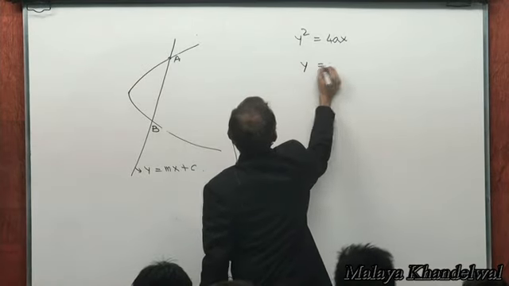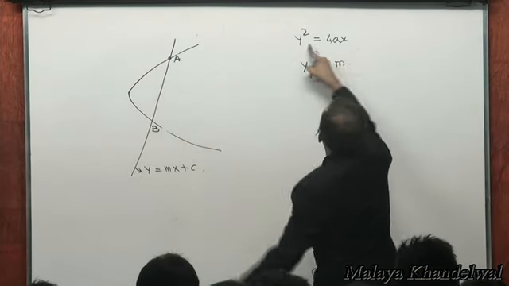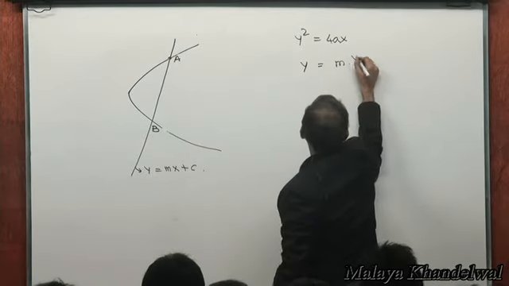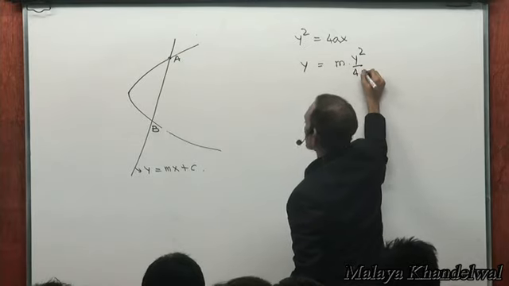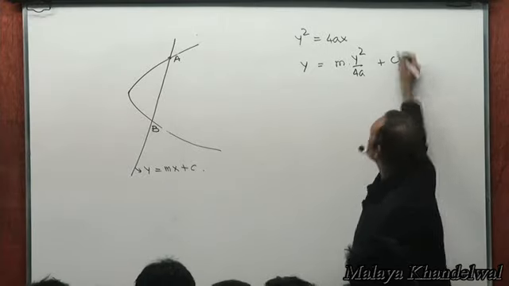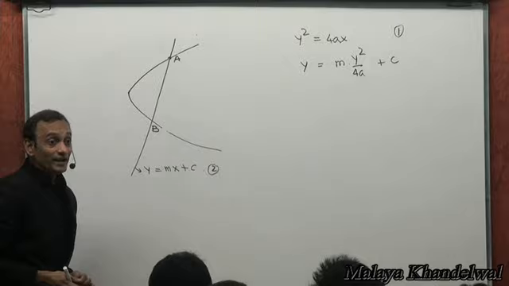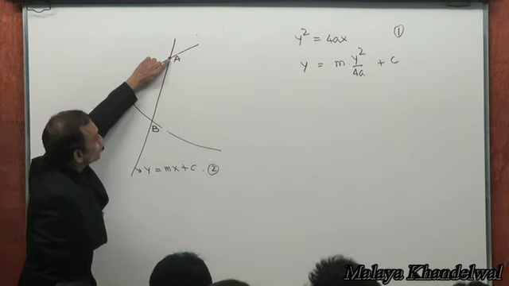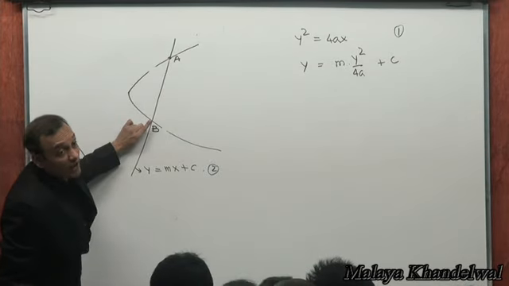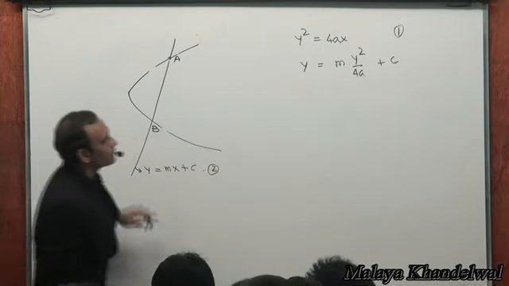So y equal to m times x, and this x I can write as y squared by 4a plus c. When I eliminate x from equation 1 and equation 2, it will give me a quadratic in y. One of the roots would be y of A, the other root would be y of B, the y of the intersection, right?